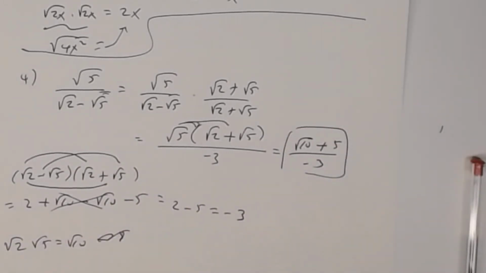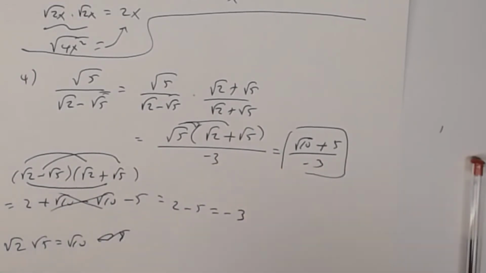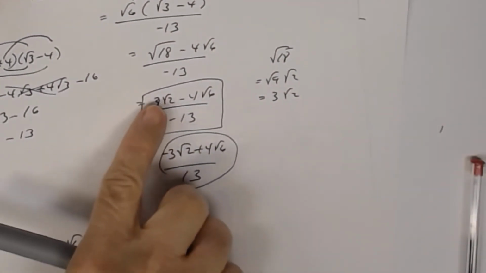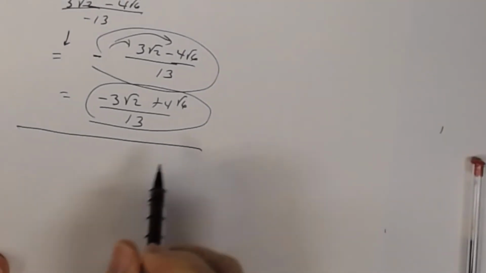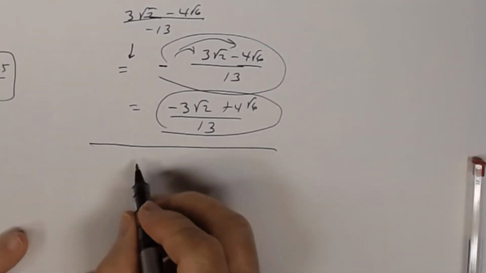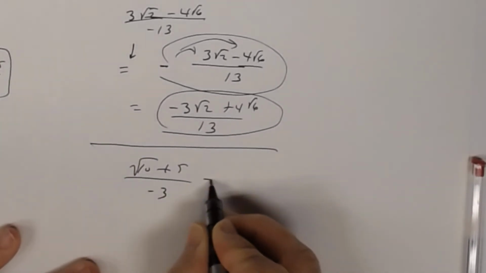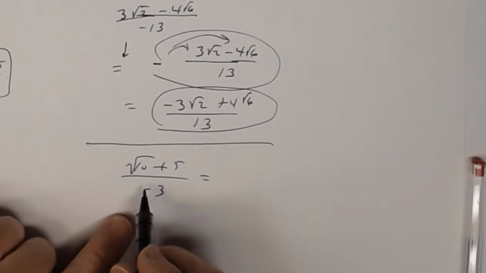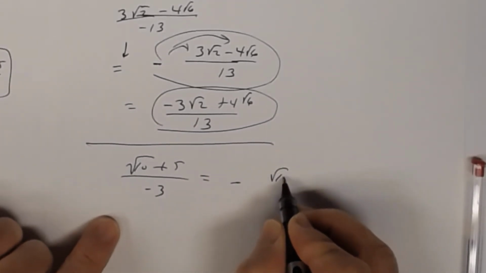And remember in the previous problem we talked about, well, what if you want to make that 3 positive in the denominator? That's that same discussion we had here. So remember that discussion we had? If I do this one, you can put this negative out in front, just like this.